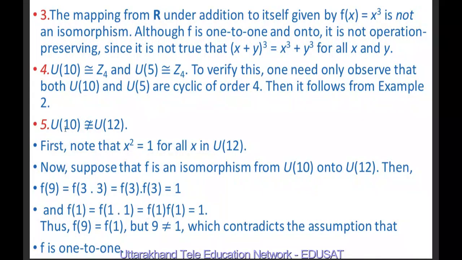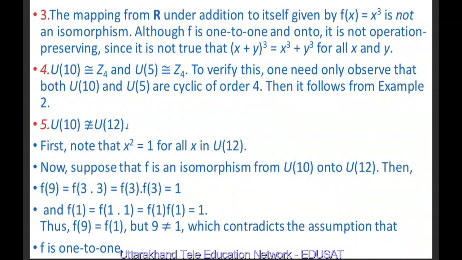However, U10 is not isomorphic to U12. First, notice one thing: in U12, x square is 1. First of all, U12 is the set of positive integers less than 12, and here the operation is that of multiplication modulo 12.